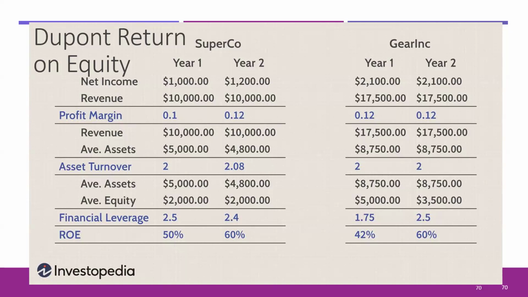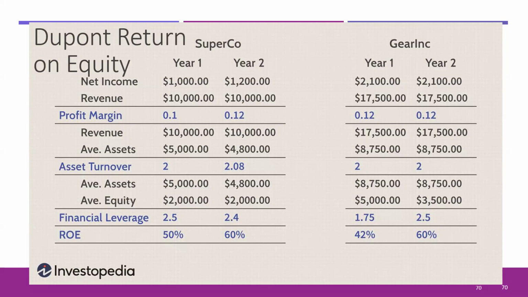For example, Superco had a profit margin of 10% in year one, 12% in year two, asset turnover ratio of 2 in year one, 2.08 in year two, and then financial leverage of 2.5 and 2.4 in year two. And so if we take 0.1 times 2 times 2.5, we get return on equity of 50%.